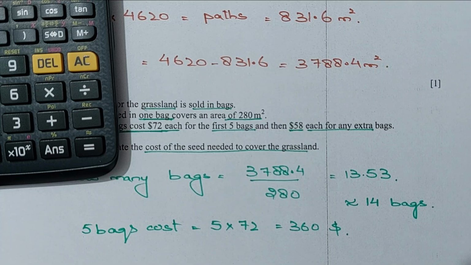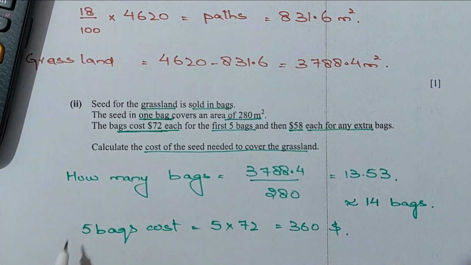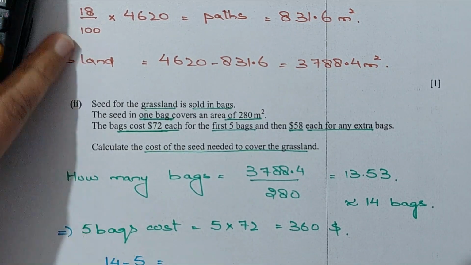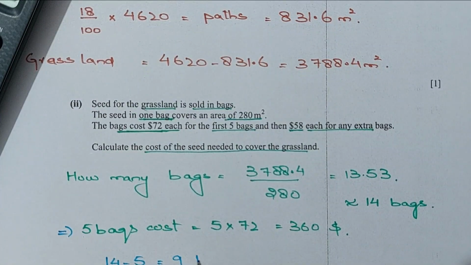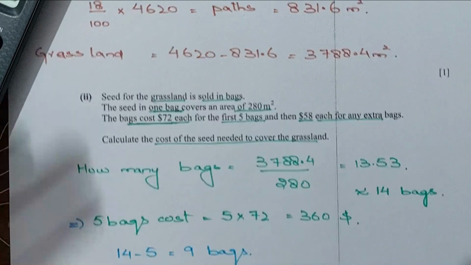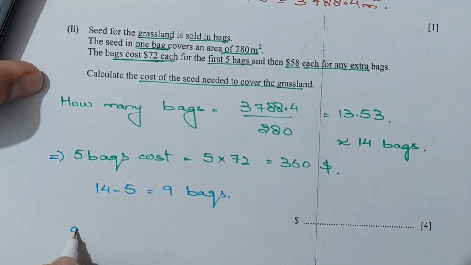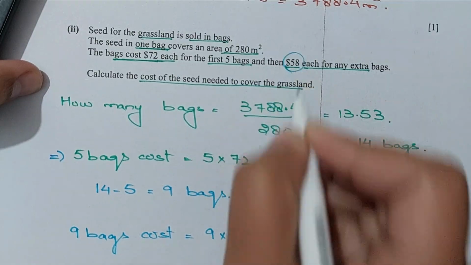All right, now for 5, what do we add to make 14? So 14 minus 5 is 9 bags. We need 9 more bags. Okay, so now the cost of the remaining 9 bags is 9 times this cost, 58.